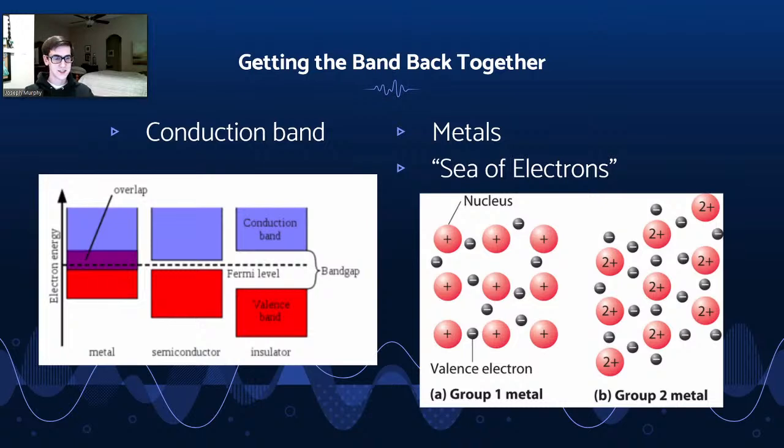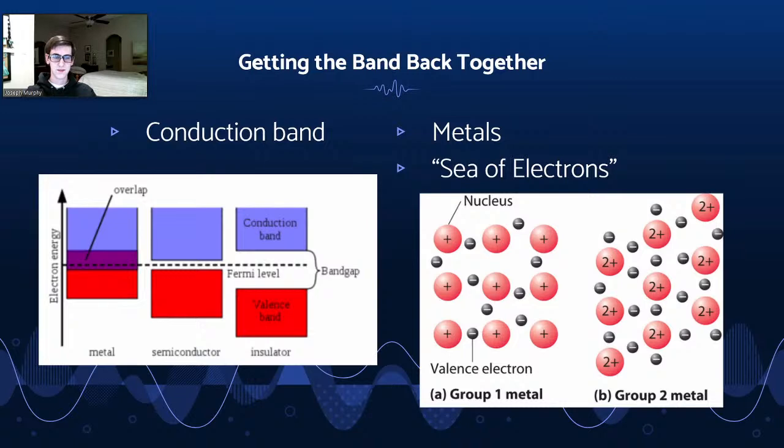And the dotted line on this graph is the Fermi level, which is the energy of electrons in the highest occupied energy level of a substance at absolute zero, 0 Kelvin. So it's just a baseline for measuring electron energy.